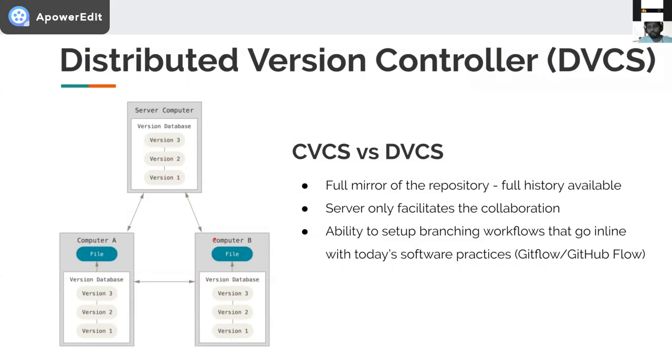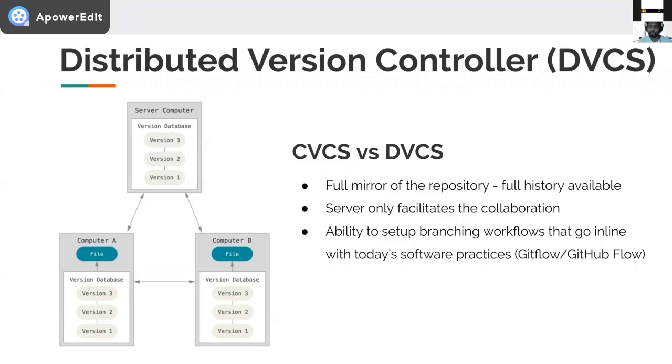So a full mirror of the repository, full history, is available for everyone. The server only facilitates the collaboration. For the collaboration there is a server, but the version database is in all PCs. This allows setting up branching workflows, which I will explain in a later slide, that go in line with today's software practices.